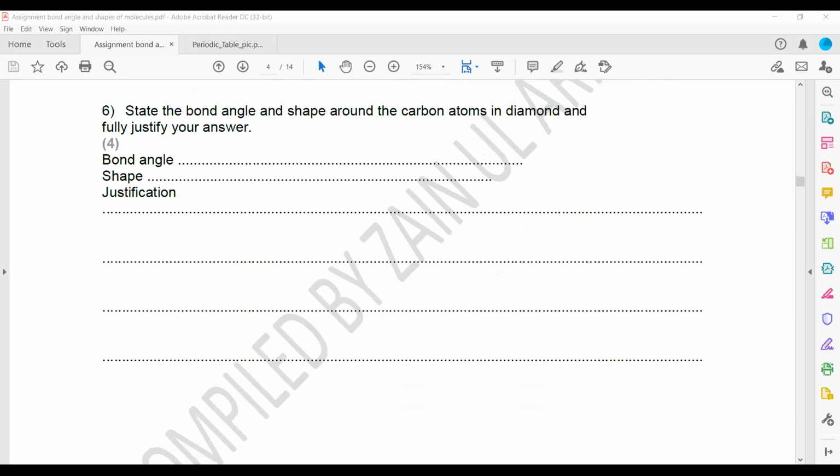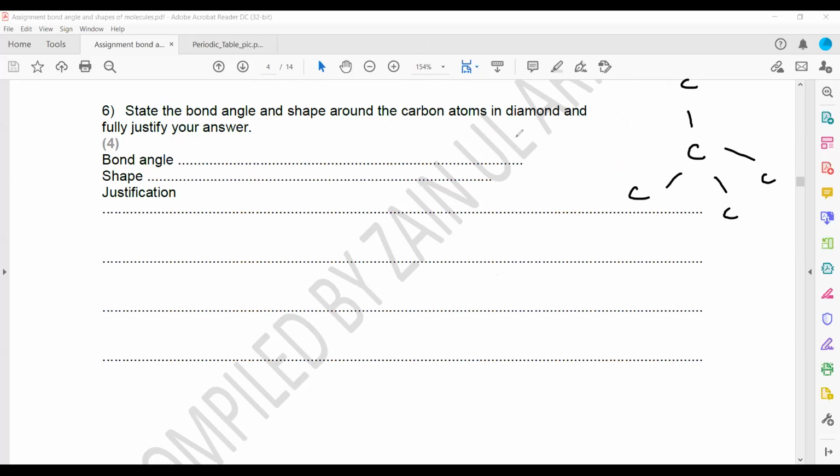Then the next part, state the bond angle and shape around a carbon atom in diamond. As we have discussed in O levels, what is the structure of diamond? Each carbon has 4 covalent bonds. So when each carbon is forming 4 covalent bonds, how many bond pairs are there?